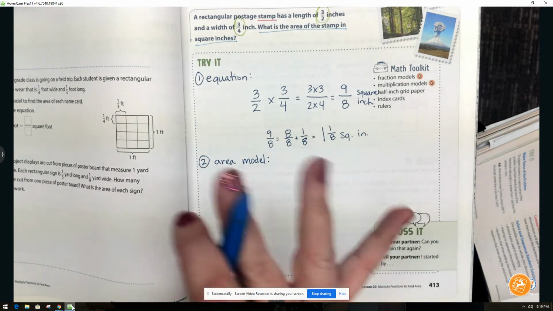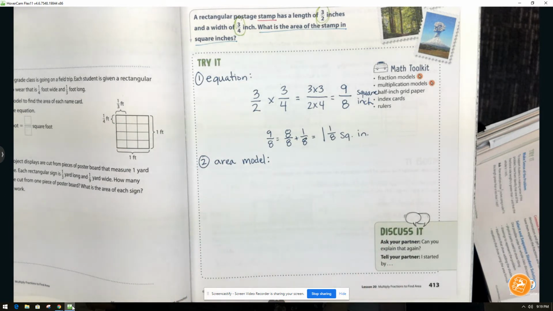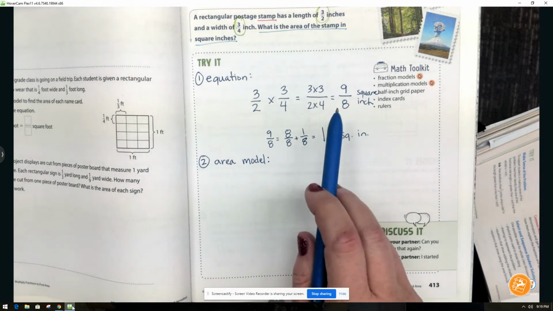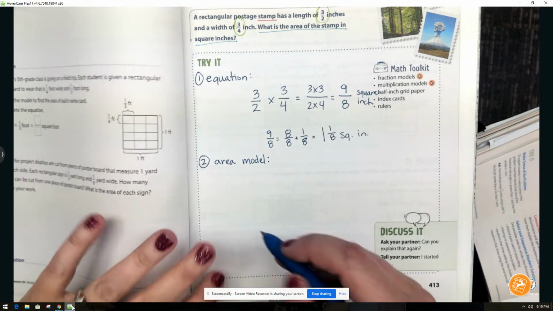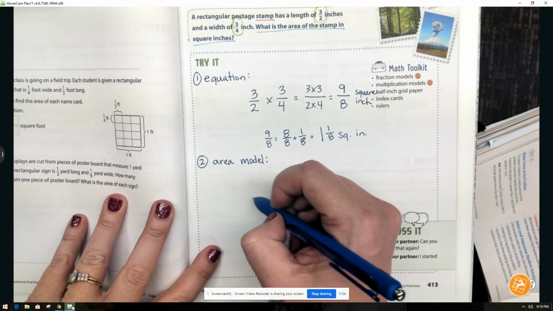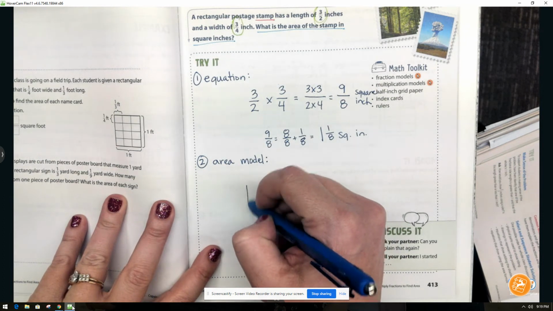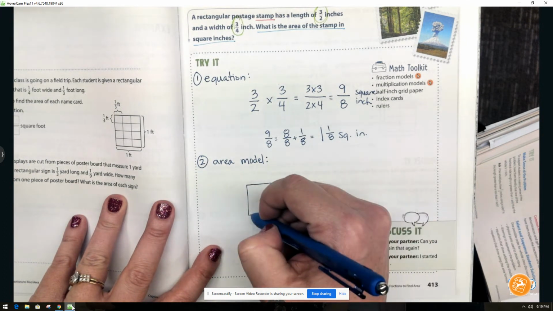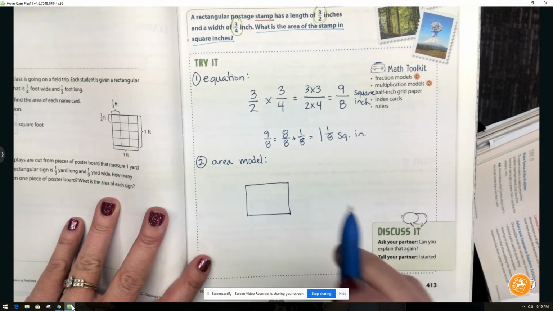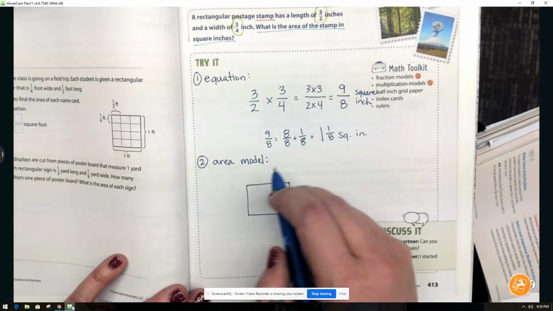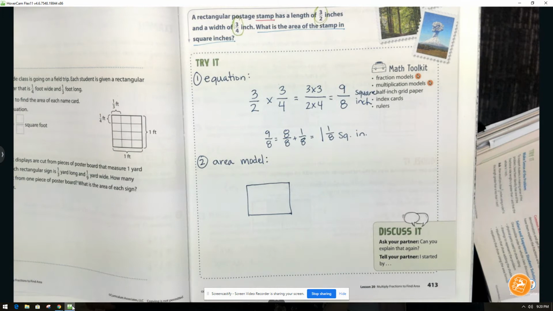So I'm going to show you how to draw the area model. Now, for this area model, most of the time you're going to draw your area model like normal. But the improper fraction needs to go on the top. I promise you it's just easier.